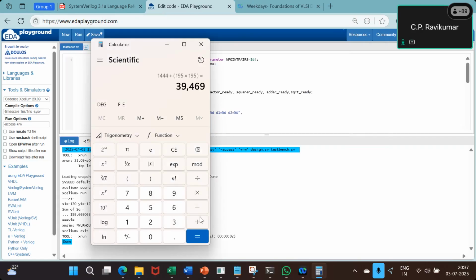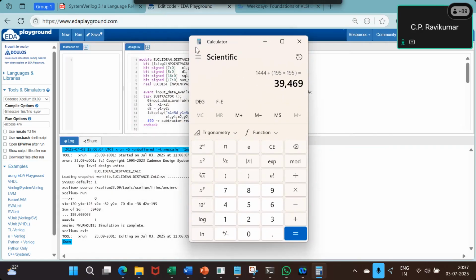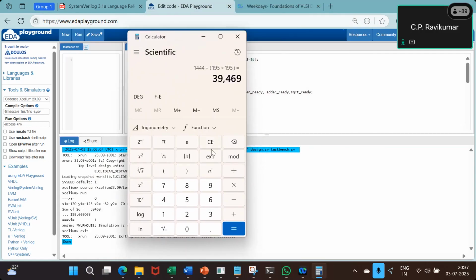This should be under root. So I think the sum of squares is okay, right? 39469. So it should be okay. So sum of squares is okay.